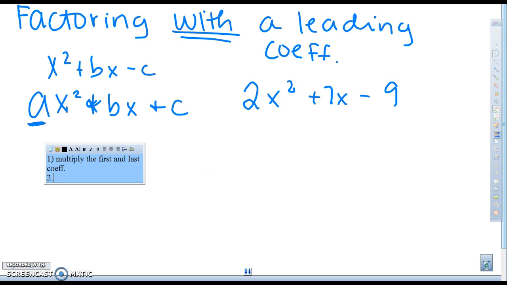Step 2, you're going to find the factors of whatever that product is, and while you're doing that, find the factors of that product that sum to the middle term.